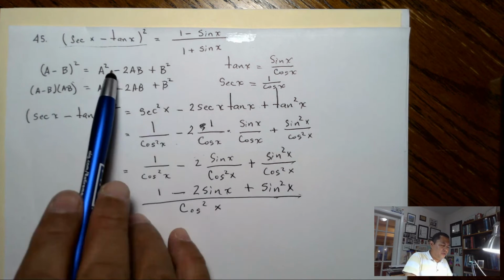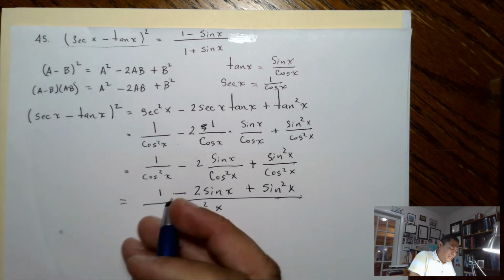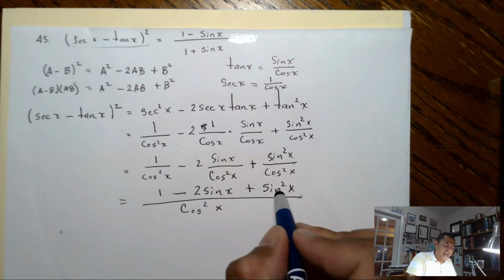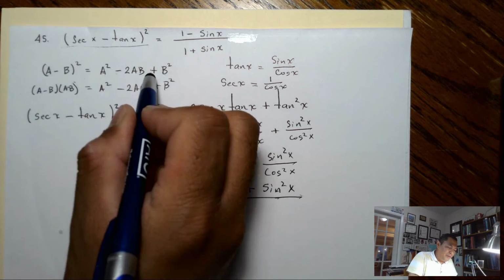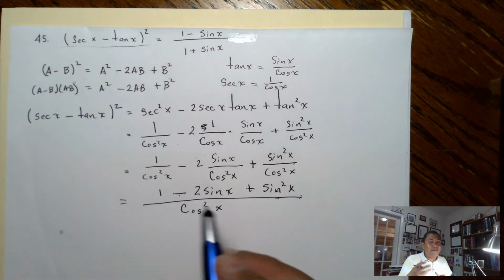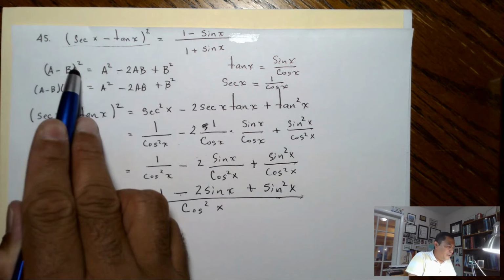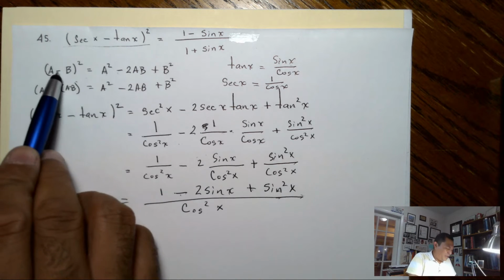It leads me towards this formula. Again, 1 is a squared and sine squared of x is b squared. I have a minus and then a plus, so it's a difference of the binomial in this case. So I'm going exactly to this situation here.